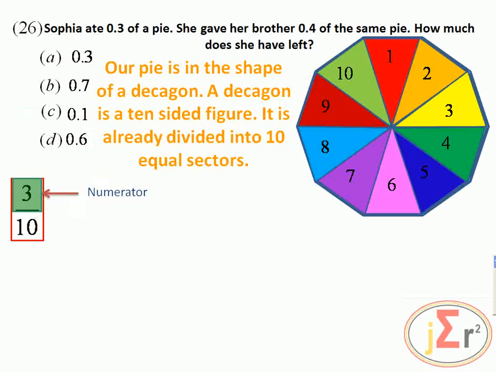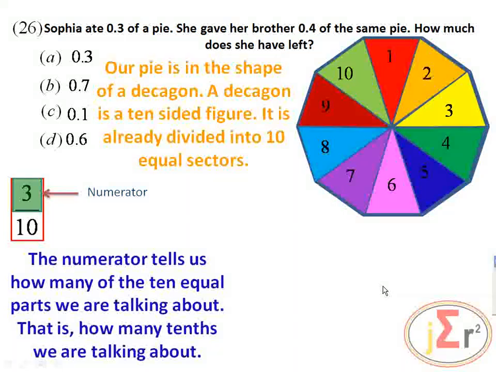So what we have established is that if we write the decimal fractions in vulgar form, then we can share it up quite easily, because the denominator of the vulgar fraction will tell us the number of equal parts that the whole is divided into. The numerator tells us how many of the 10 equal parts we are talking about.